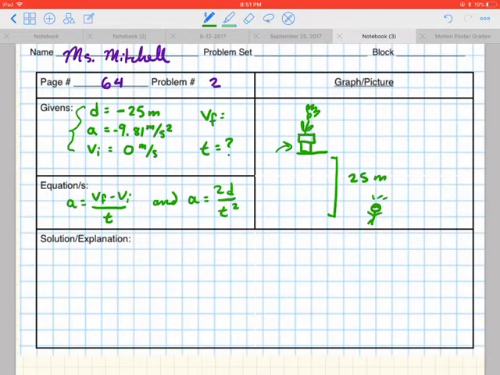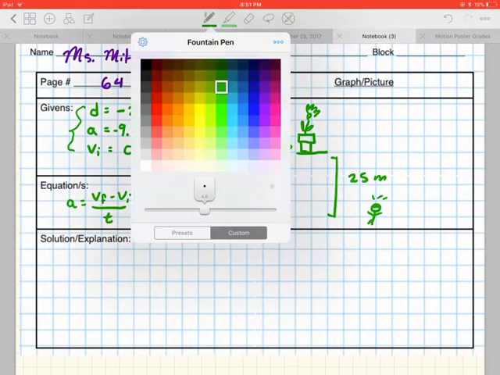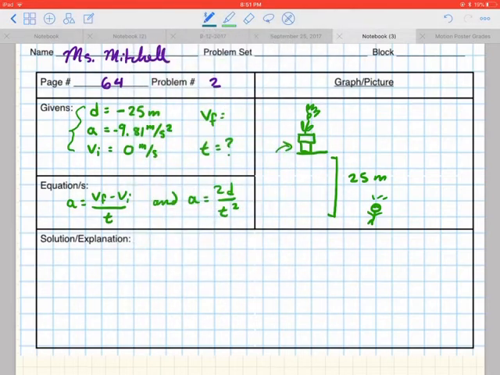Let's see which one to use first. If you look at the equation on the left, the issue is you don't have time, and you also don't have your final velocity, so it's good to find an equation that has all of the variables except the one that you're solving for. So this one looks like a winner in this case. So we're going to start with that one.